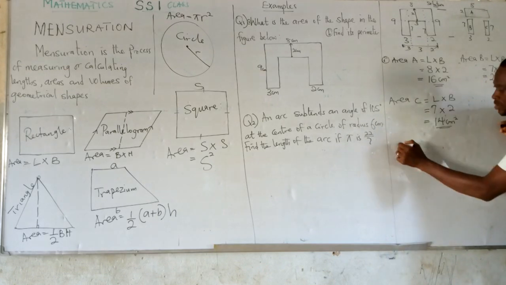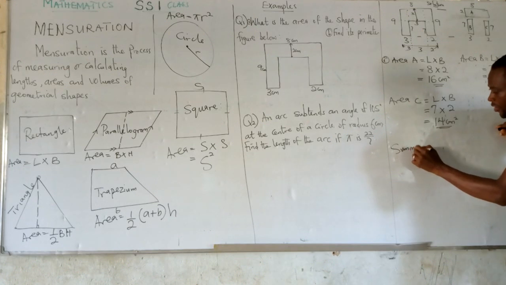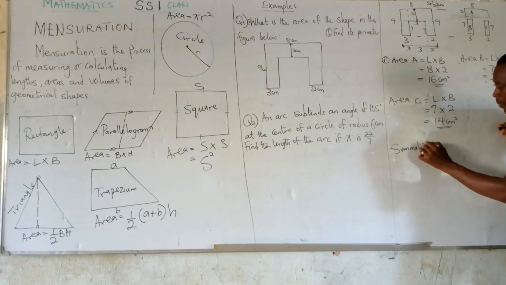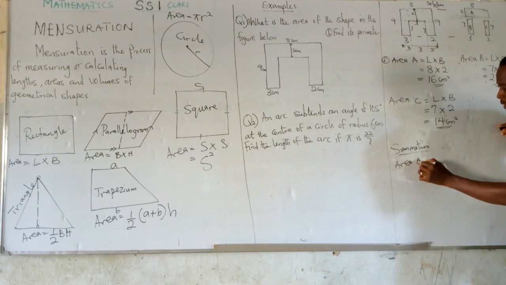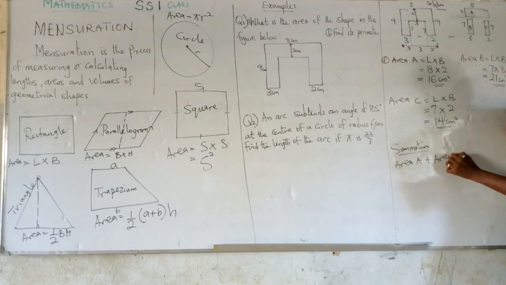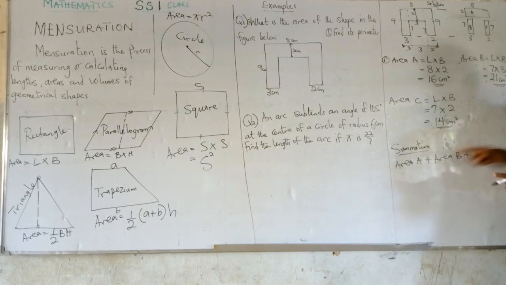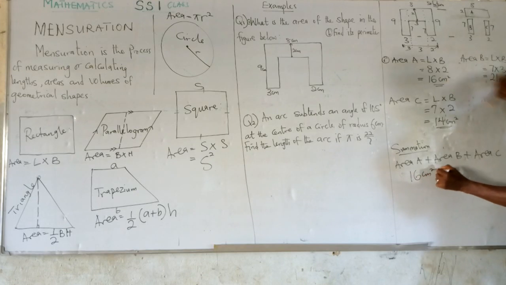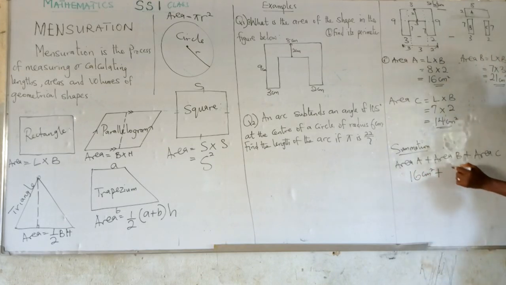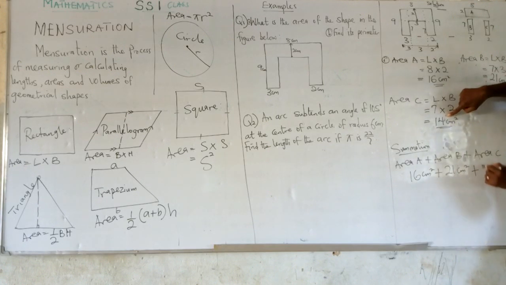So we have what? Summation of areas. So if we go by the summation, we have area A plus area B plus what? Area C. Area A is 16 cm squared. Area B is 21 cm squared. And area C is 14 cm squared.